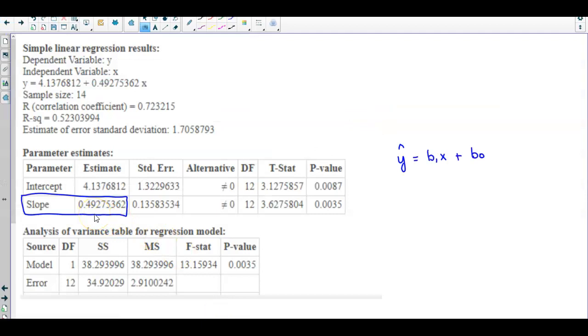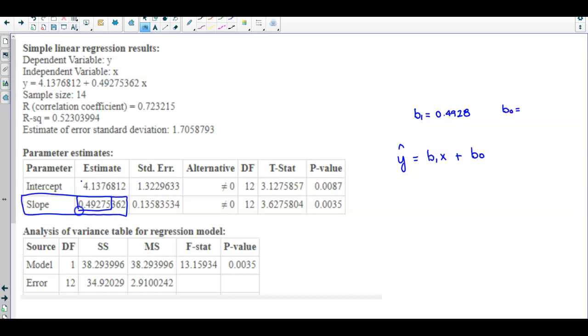So we're going to round this to 4 decimal places. That means in 4 decimal places we need to make the 7 an 8. So B1 rounded to 4 decimal places, or the slope, is 0.4928.